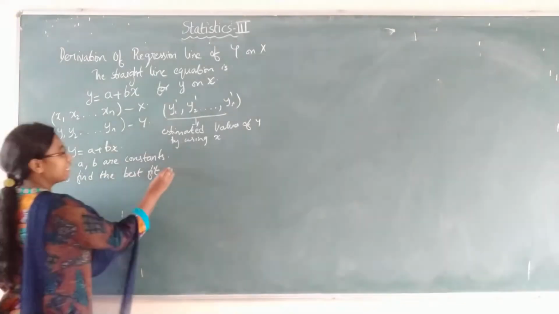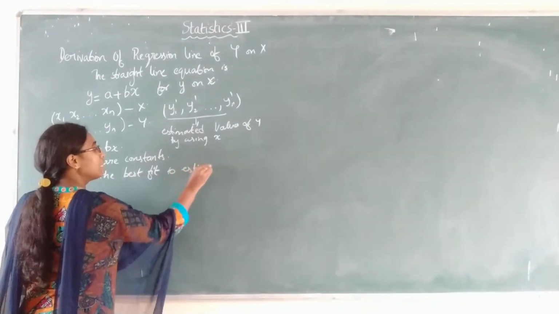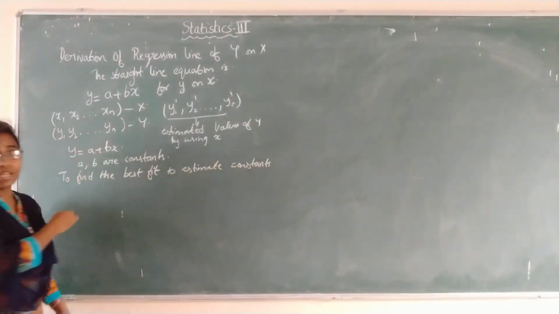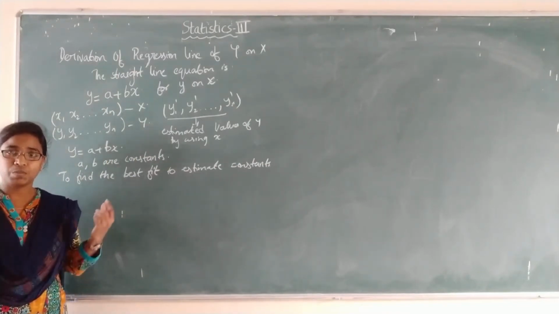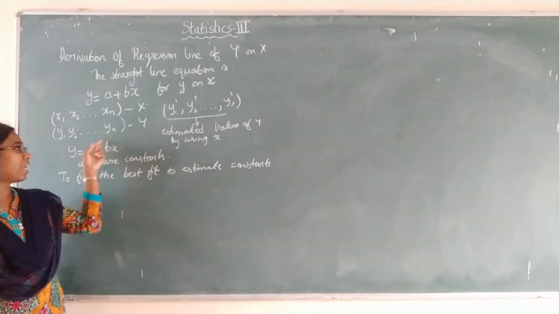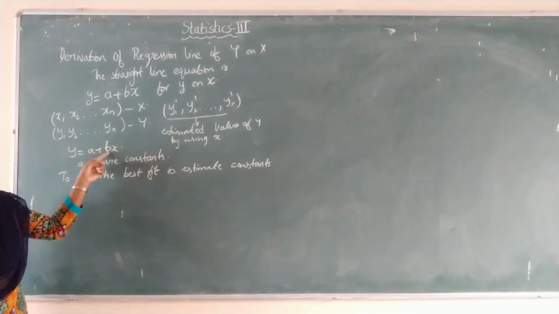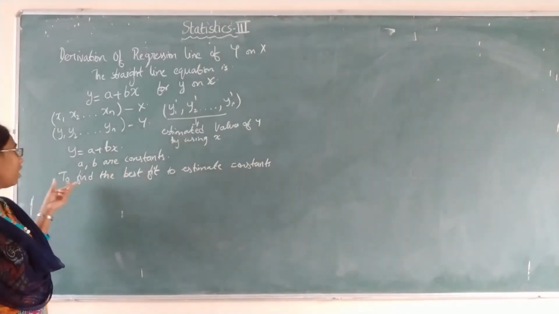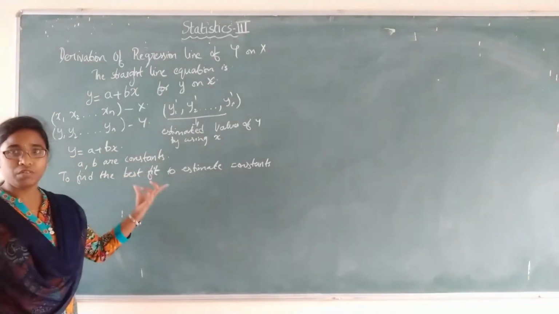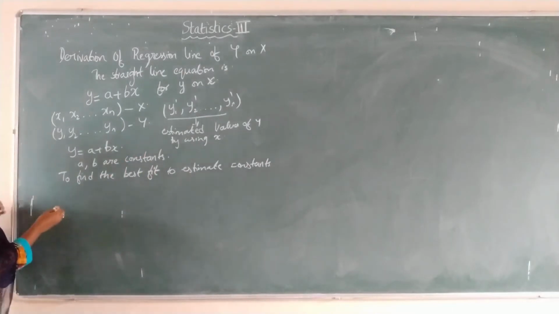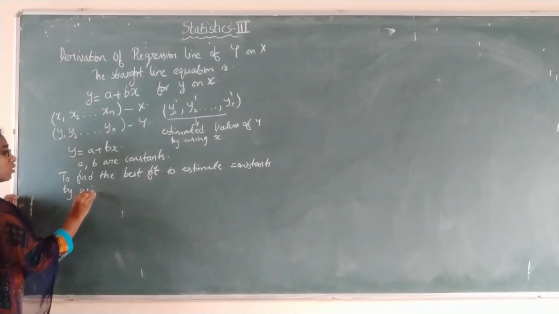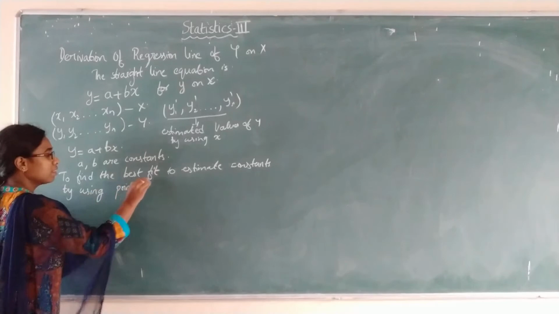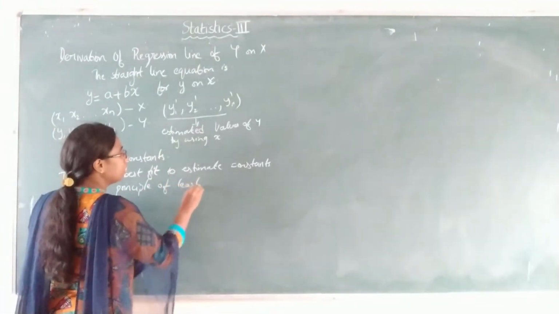To find the best fit, that is, to estimate the constants a and b in the regression line, we use the principle of least squares.